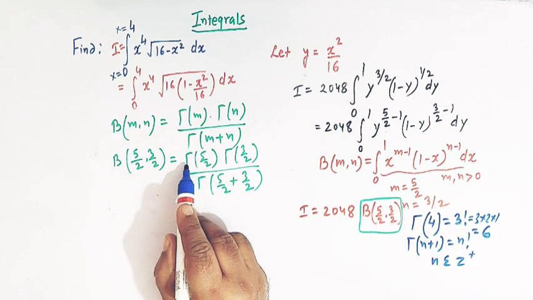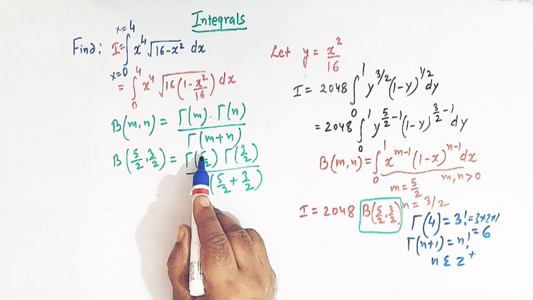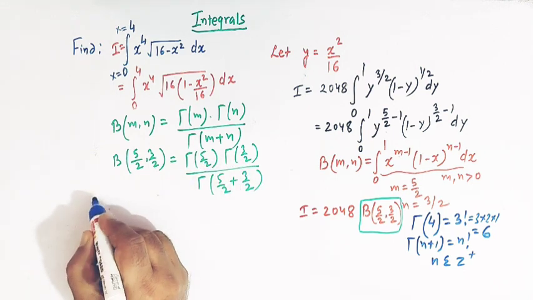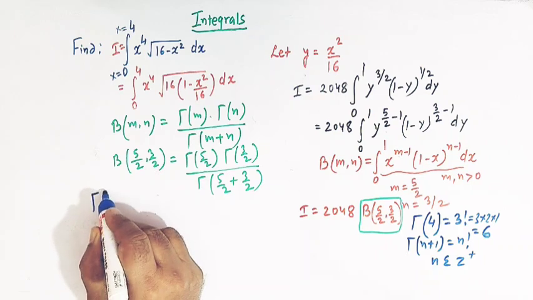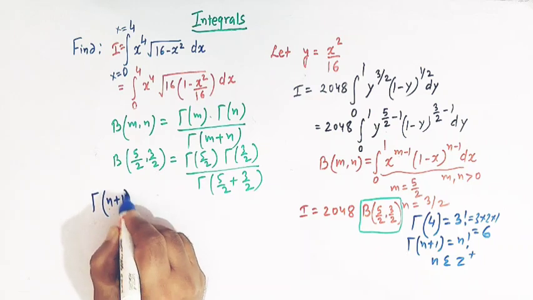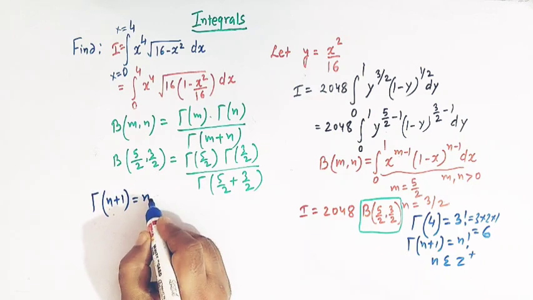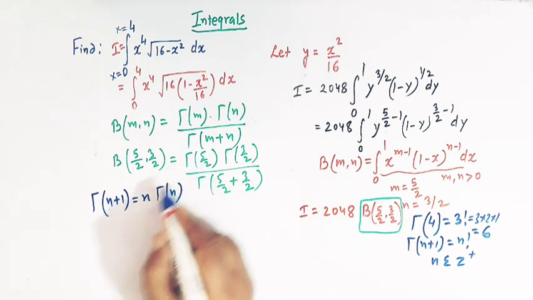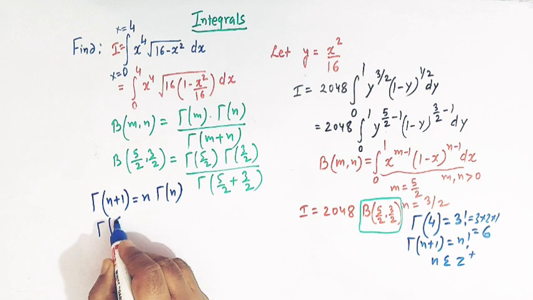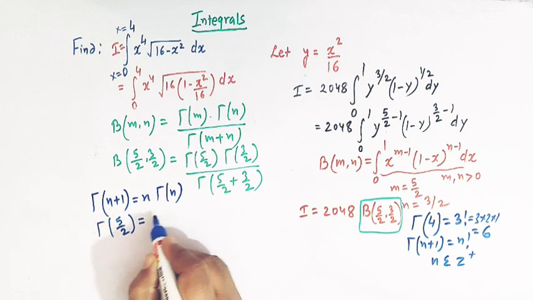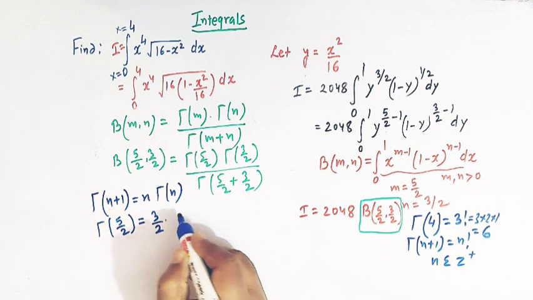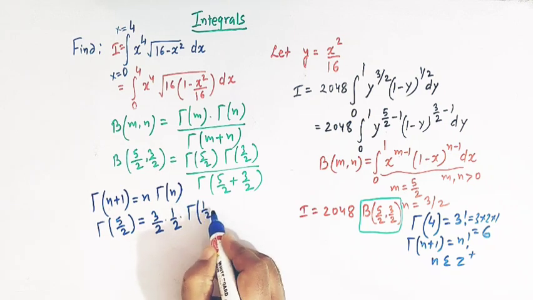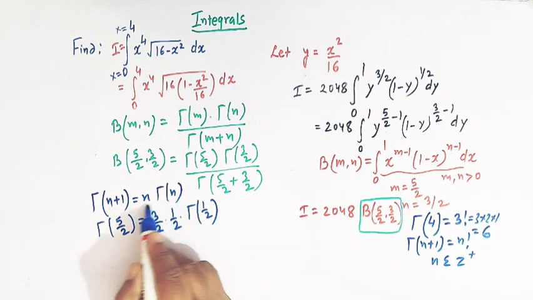Okay, now to get the value of gamma of 5 by 2 and gamma 3 by 2, we'll make use of one important relation, that is gamma of n plus 1 can also be written as n times gamma of n. So gamma of 5 by 2 can be written as 3 by 2 times half times gamma of half, due to this result.